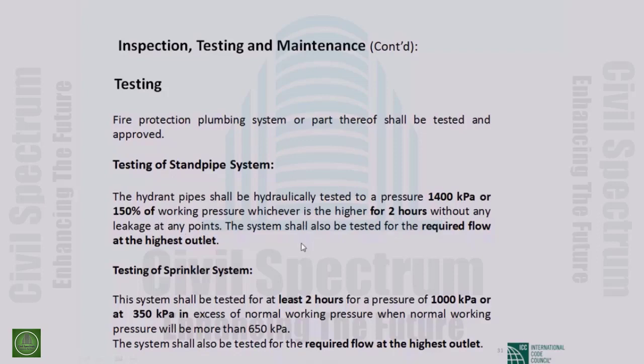The system shall also be tested for the required flow at the highest outlet. So this is the condition for testing a standpipe system. So you have to think about the pressure, the total duration of the test, and the observation you have to make. There will be no leakage. So these three have to be maintained, and you have to test at the furthest outlet so that the flow is maintained there. This is the test for a standpipe system.